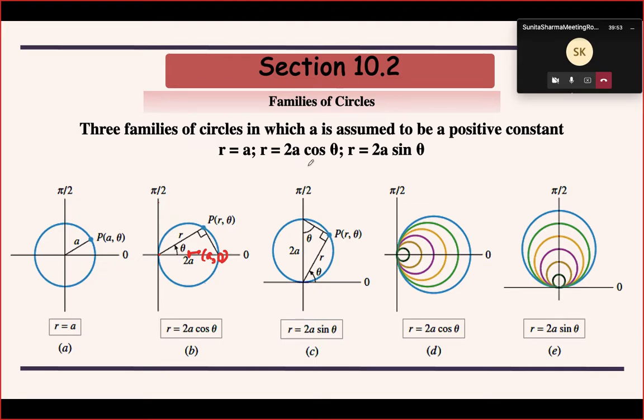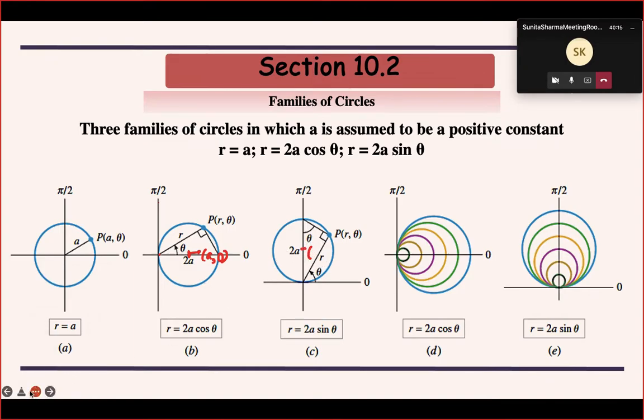So any scalar multiple of cos theta will give you a circle. Then any multiple of sine theta will also give you a circle, but with the center on the line theta equals pi by 2.